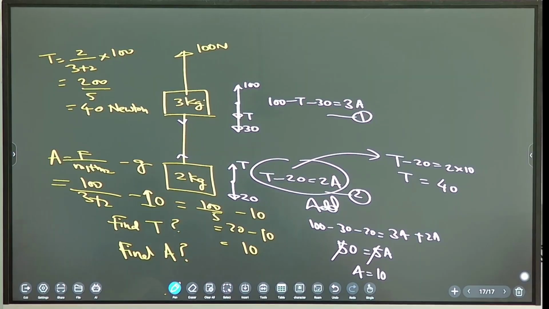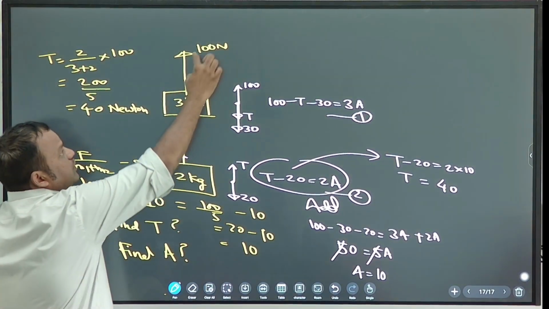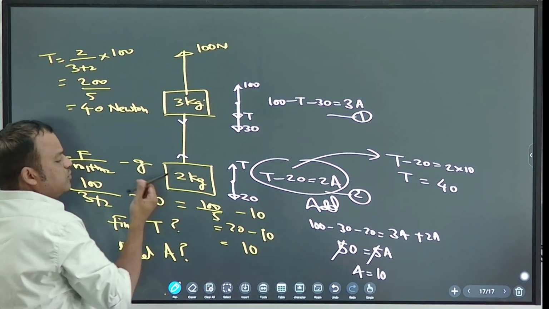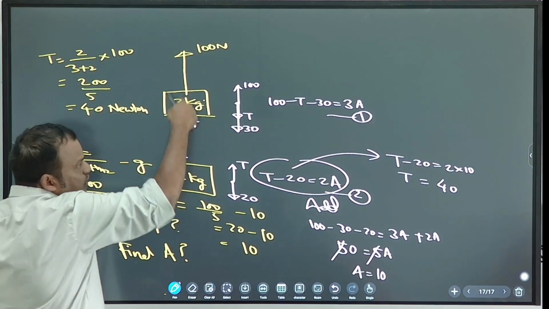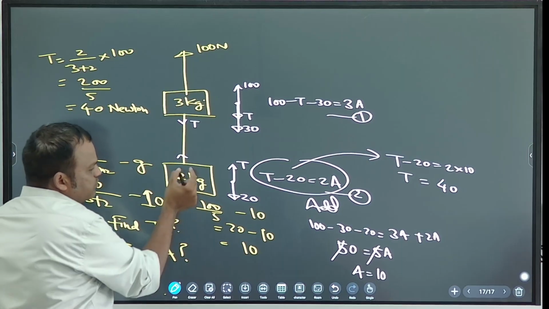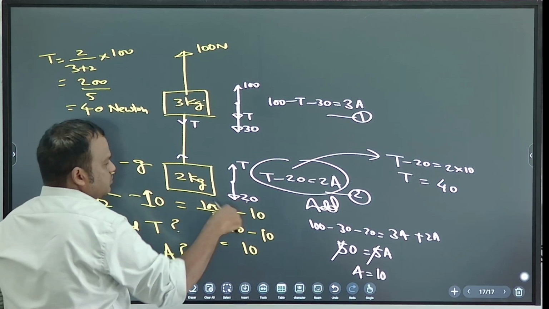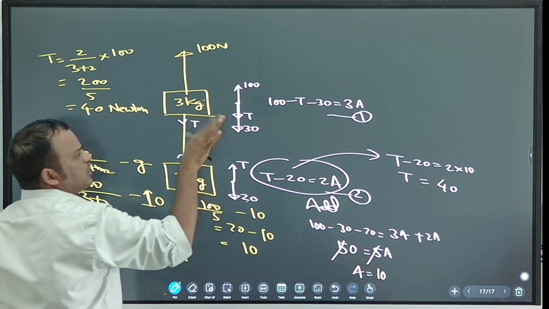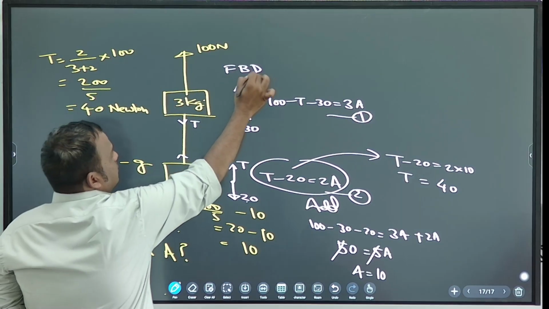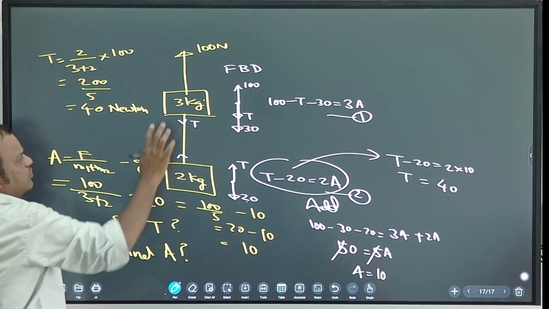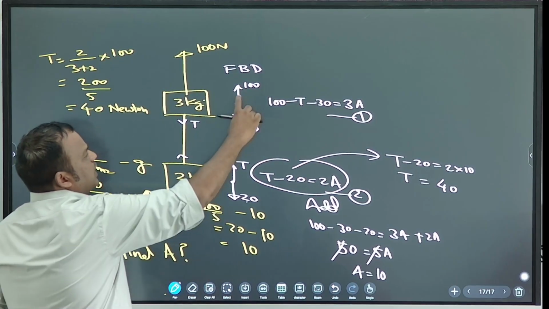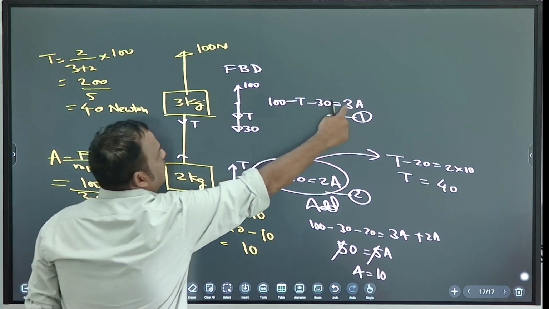So this is the concept. For the 3 kg block, 100 Newton pulls up, tension pulls down, mg down. For the 2 kg block, tension up, mg down. Are you understanding this? What do you call these diagrams? FBD, free body diagram. Clear? Unbalanced force is equal to mass into acceleration.